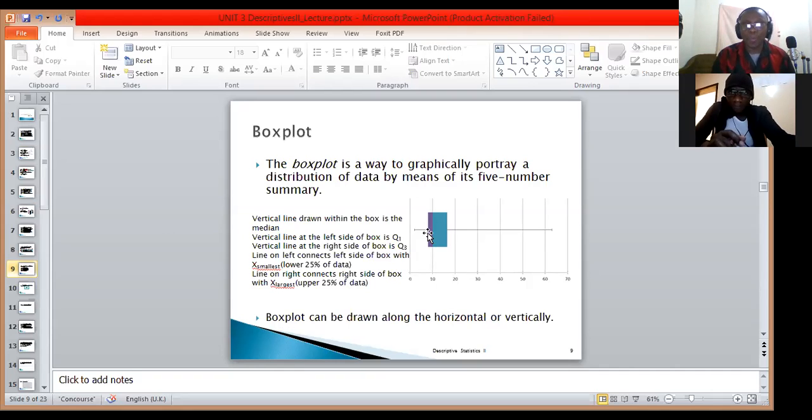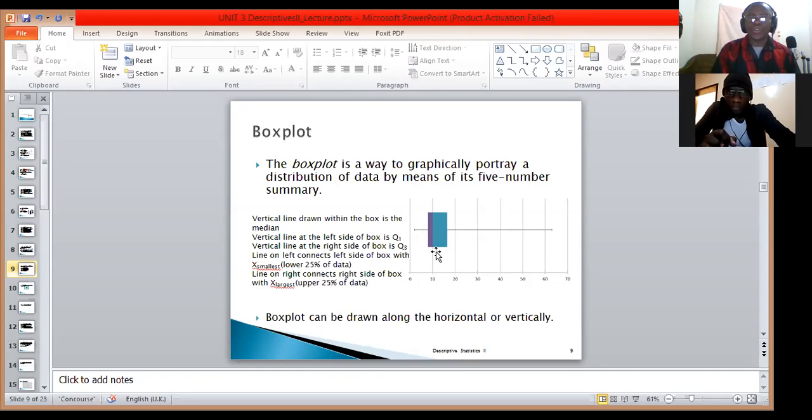So this vertical line drawn within the box is our median. When you are drawing, you first draw the horizontal line, put the numbers, and put these vertical lines on these numbers, the way we draw the number line.